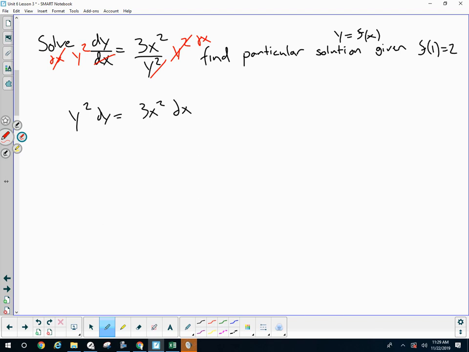Okay? Next step, take the antiderivative of both sides, but you don't have to include plus c's on both sides. You can skip that step. You only need 1 plus c on the right side. So please take the antiderivative of both sides, but you only need 1 plus c on the right side. Here's your antiderivative rules.